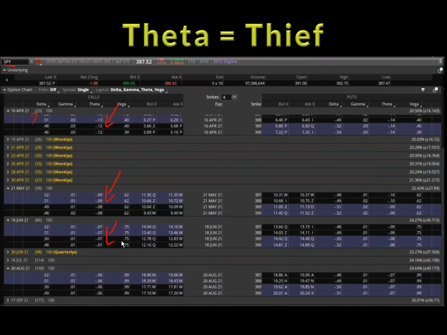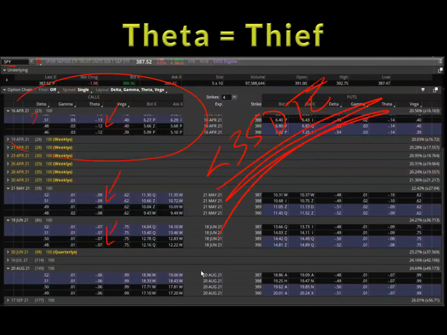Because they're expensive. What else do we want in our favor? Theta. So if we want to take advantage of it, we want to get inside that less than 35 days to expiration. Sometimes it's going to be 40, but as close to, let's call it, 35 days to expiration is going to be your wheelhouse.